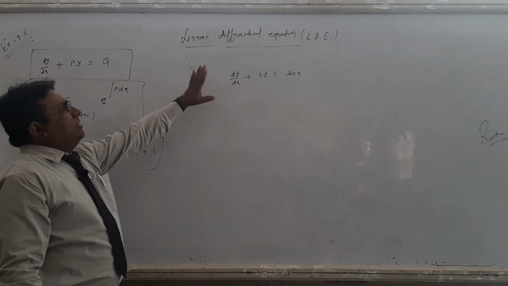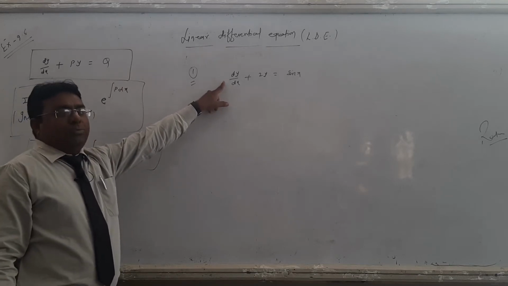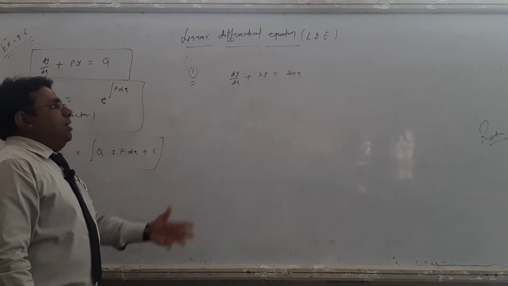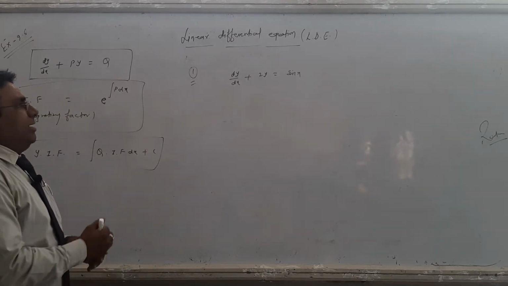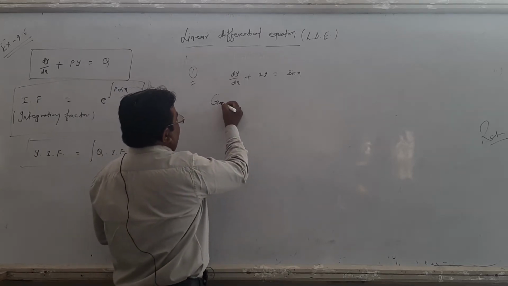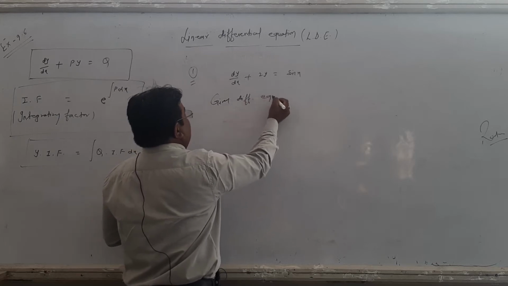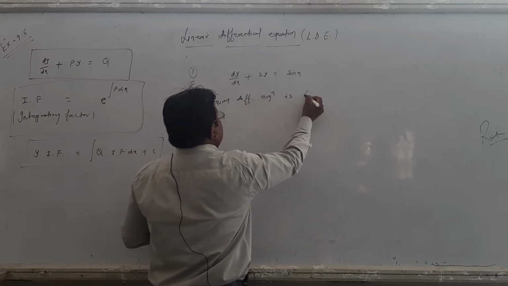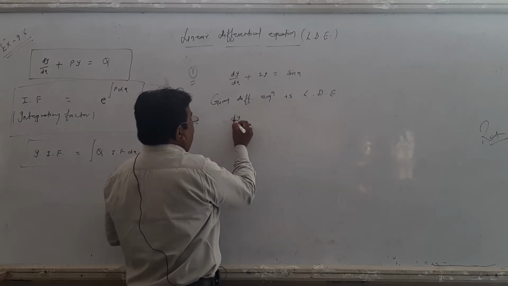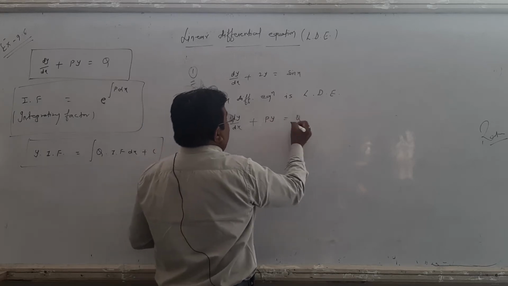For linear differential equation, the first important thing is that the coefficient of dy by dx is always positive 1. If it is not, then divide both sides to make it 1. And now second thing, this is a linear differential equation, right? You will write: given differential equation is a linear differential equation, and then the form of linear differential equation is dy by dx plus py equals to q.